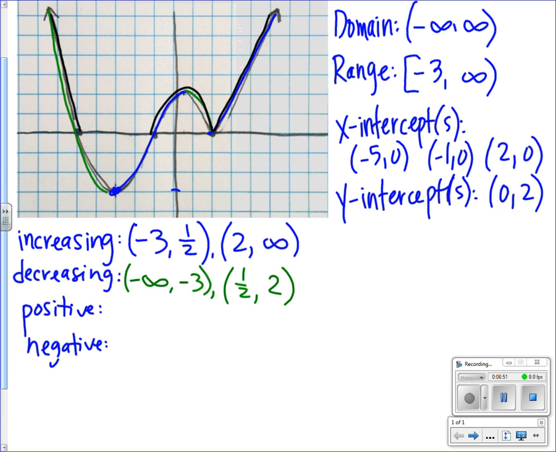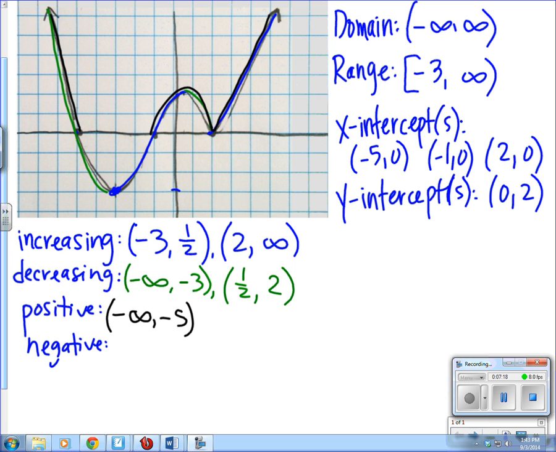So again, how do we list this part according to x? What do we say? Negative infinity, because it's coming from the left side, negative infinity to where x is, what is that point? Negative 5, because that's one of our intercepts here, right? So it's positive from negative infinity to negative 5. Okay, negative infinity to negative 5, and then this interval right here is where x is what?